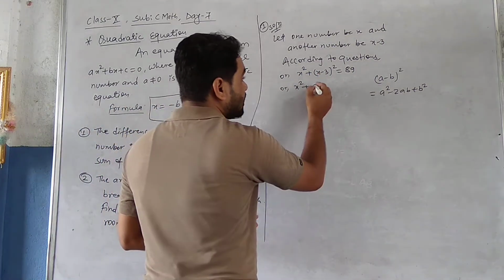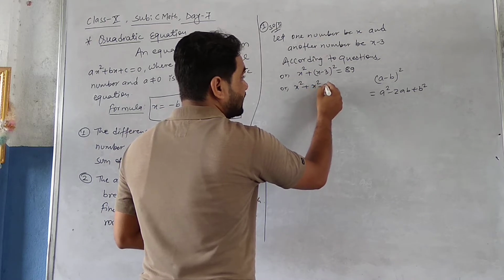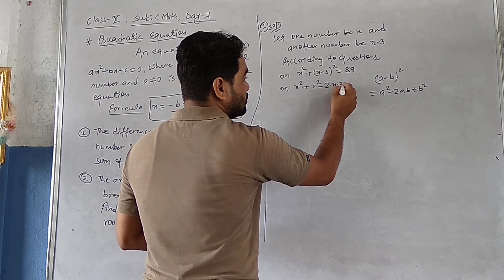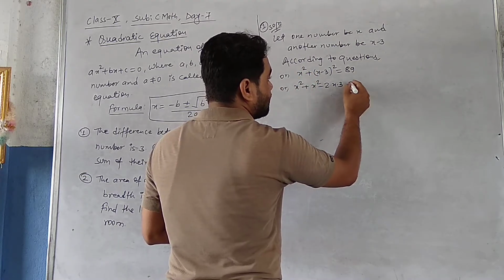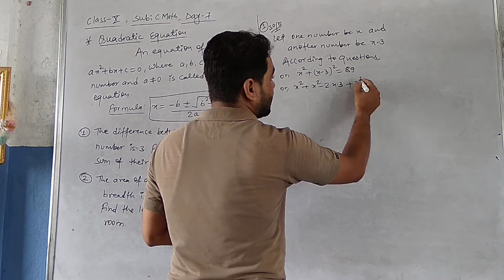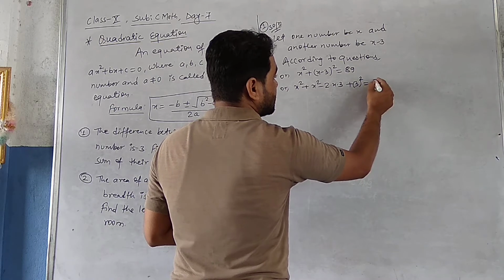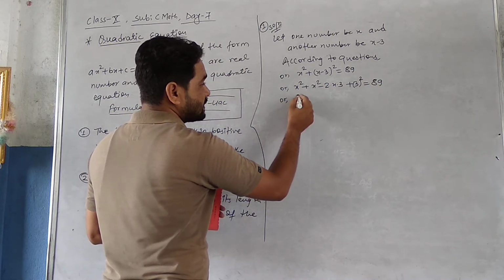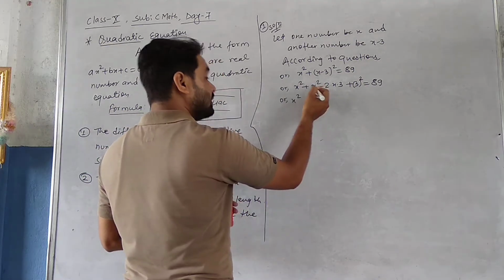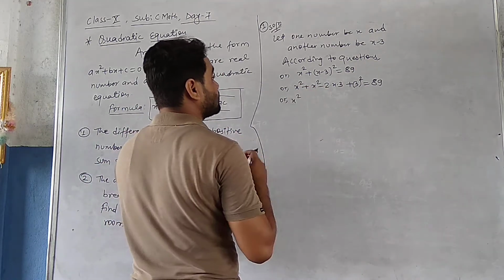That means we get x square minus 2 into x into 3, plus 3 square equals to 89. Now after that, x square plus x square, we get what?